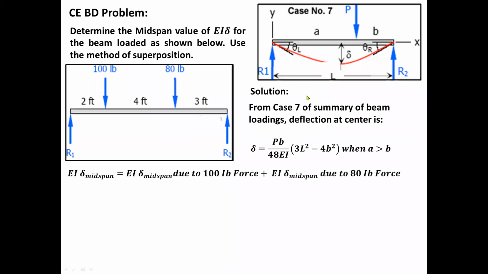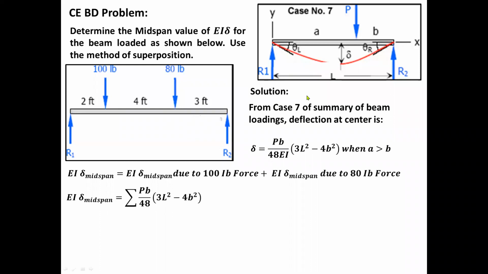And then afterward, in order to calculate EI midspan is equal to EI midspan due to 100 pound force plus EI deflection midspan due to 80 pound force. So twice tayo. Isa para sa 100, isa para sa 80. So separated sila, kaya lang i-add pa rin natin. So ibig sabihin, yung formula ng deflection natin is twice magagamit.